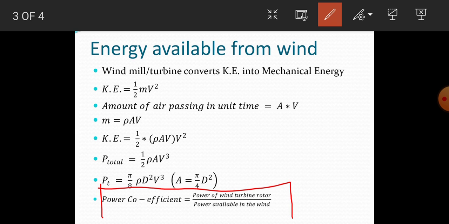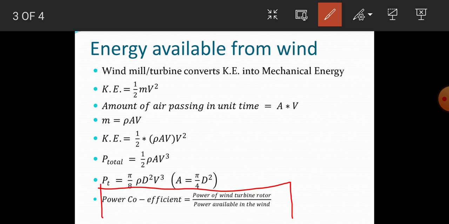Mathematically, it is the power of the wind turbine rotor divided by the power available in the wind. What does it mean? It is how much power we can extract from the wind.